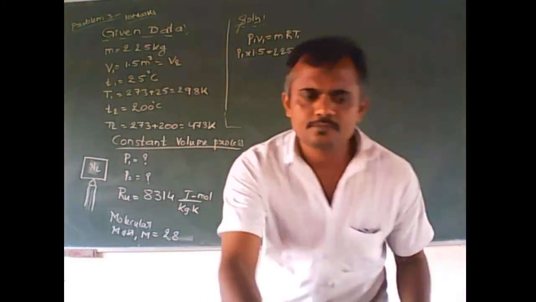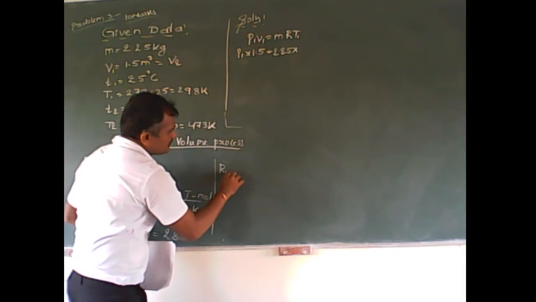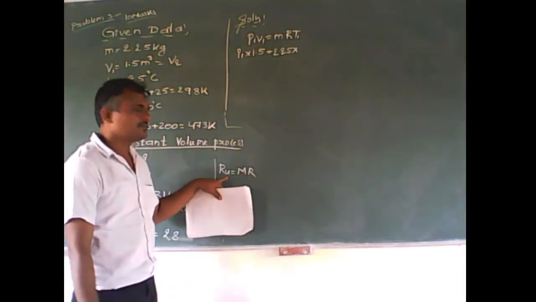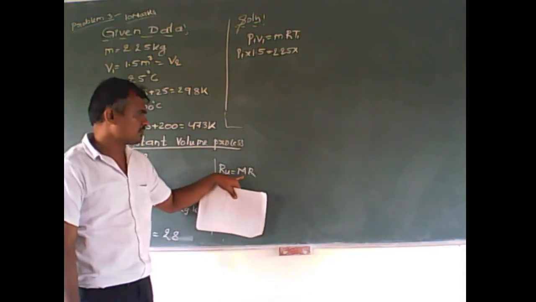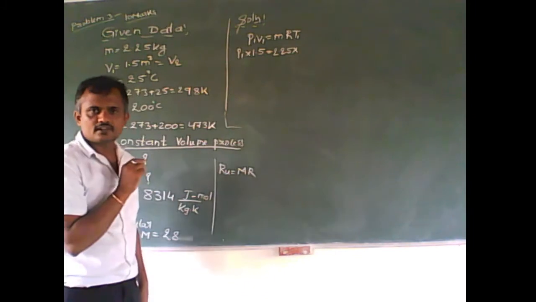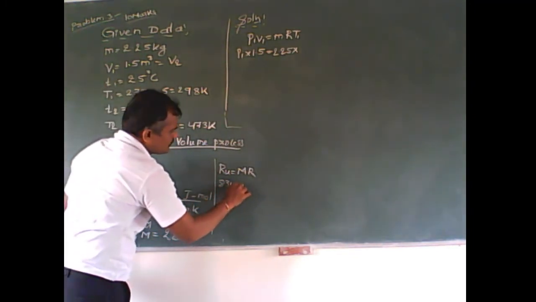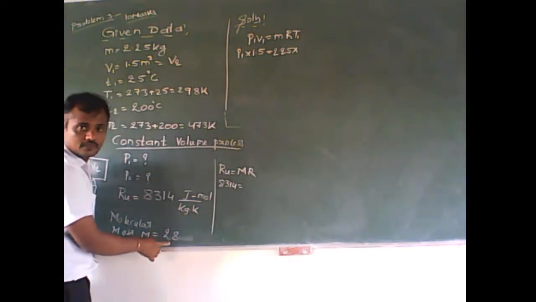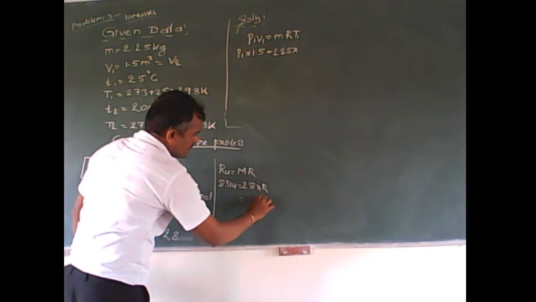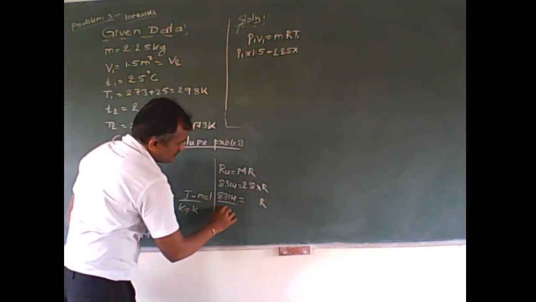Here I will calculate. Please concentrate. As you know, RU is equal to M into R. The universal gas constant is the product of molecular mass into R, where R is the characteristic gas constant. RU value is given as 8314, equal to M value 28 into R. Therefore, R value is equal to 8314 upon 28.